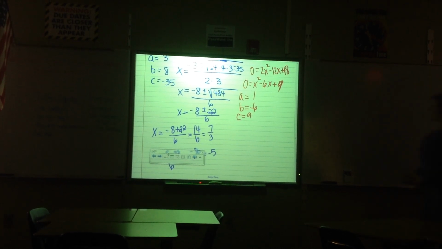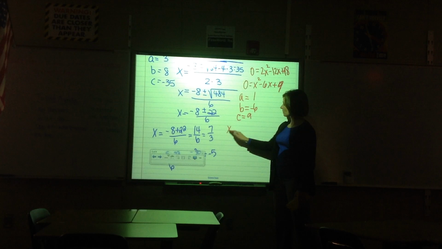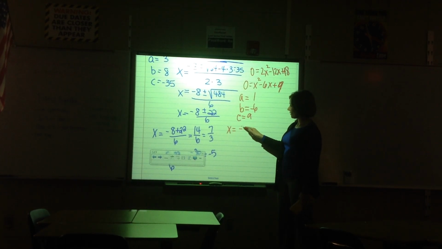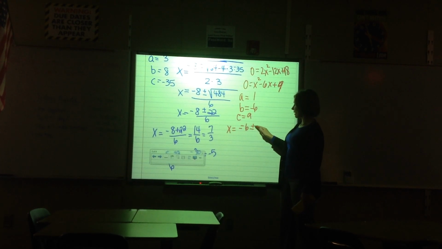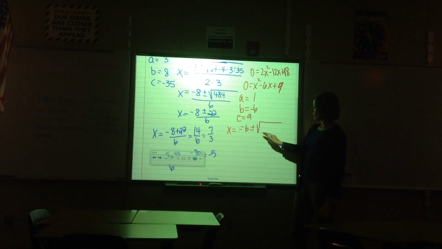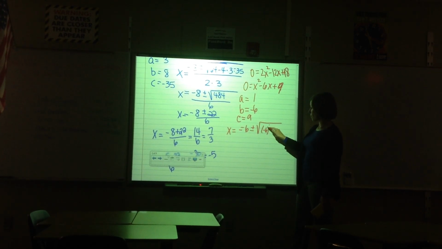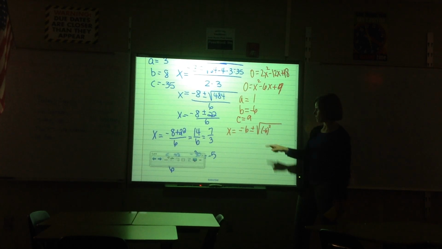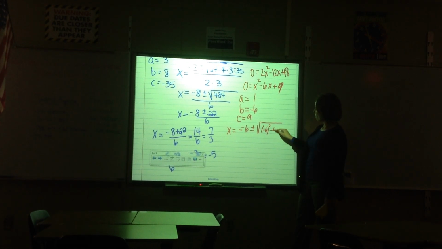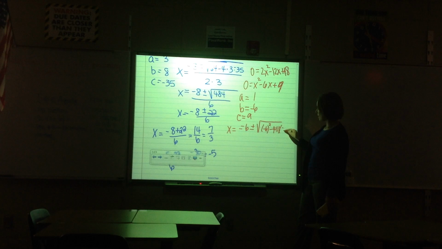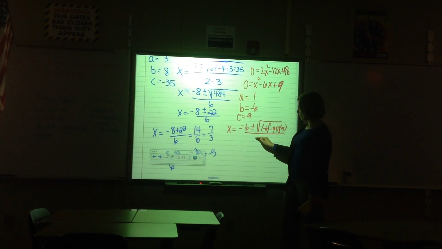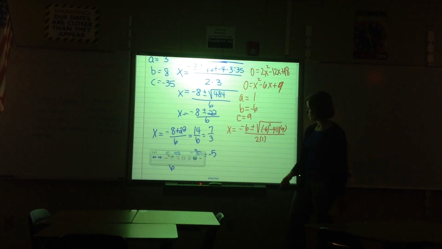So again, I have x equals negative b, so -6 plus or minus the square root of -6 squared. Remember, when you square that, you have to square the negative, so that'll be positive, minus 4 times a times c, all over 2a.